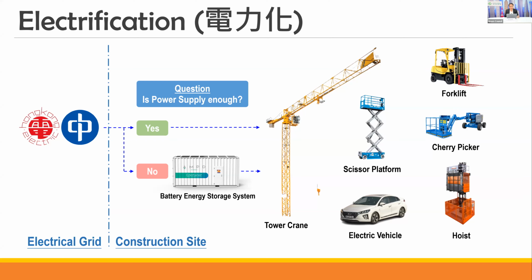If the grid electricity is good enough, it can be used by our plant. But if the grid electricity is not enough, a battery energy storage system, which I will call BESS afterwards, is required as an intermediate solution to replace a diesel generator.